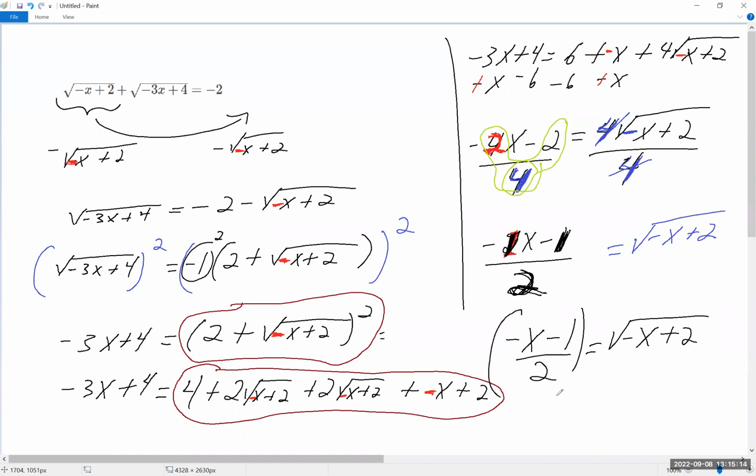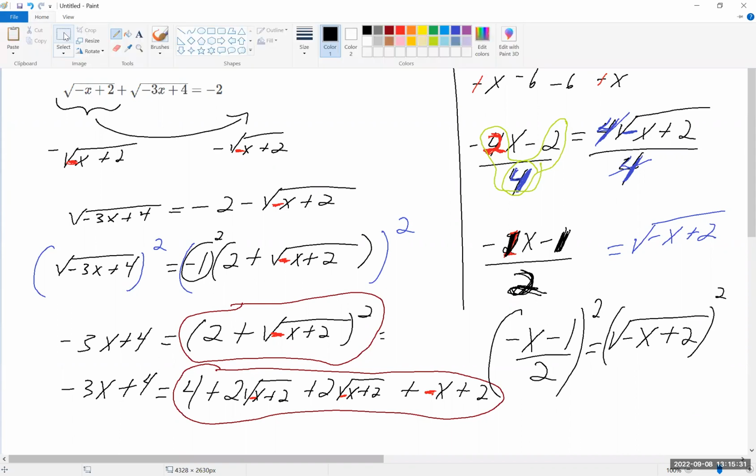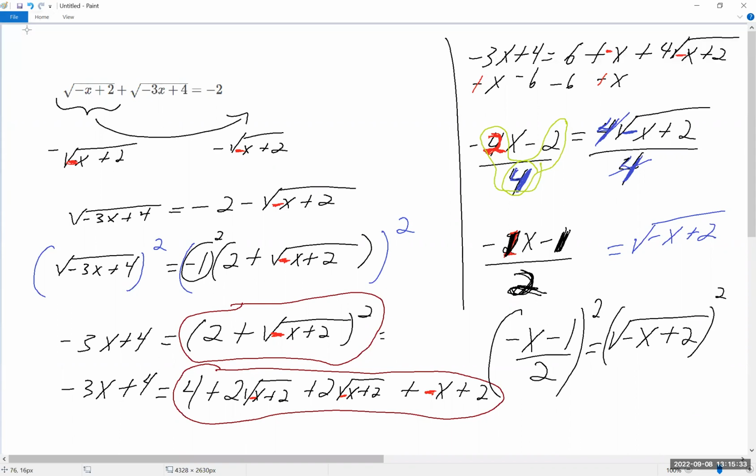And then now I'm going to square both sides. So yeah, this is probably the more challenging of the problems. Let me see.